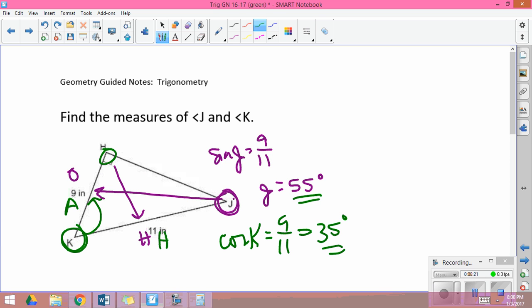So that is how you use Sohcahtoa with right triangles to find both angles and ratios of sides. It could be used to give you actual sides. You could set up a proportion and cross multiply, but most often we use it just to find the ratio and to find the angles. Good luck with your homework.